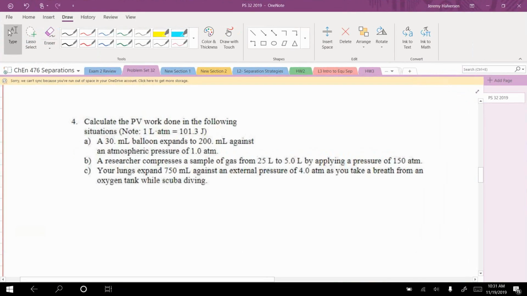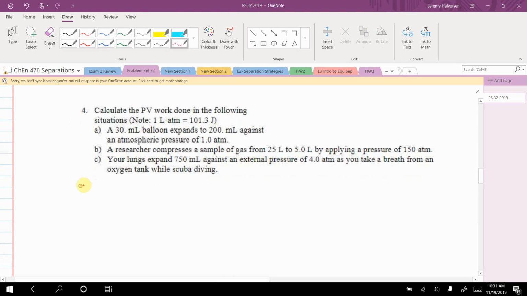We're still good. Alright, so now we're going to calculate the PV work done in the following situations. That gives you the conversion from liter atmospheres to joules.